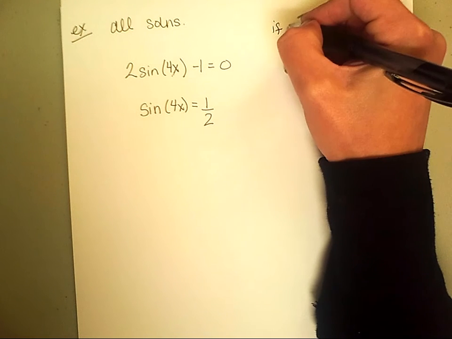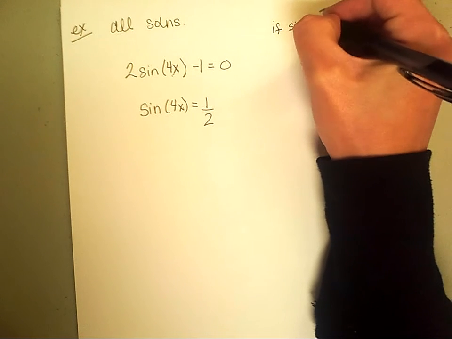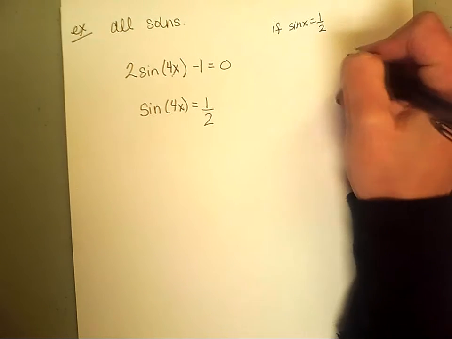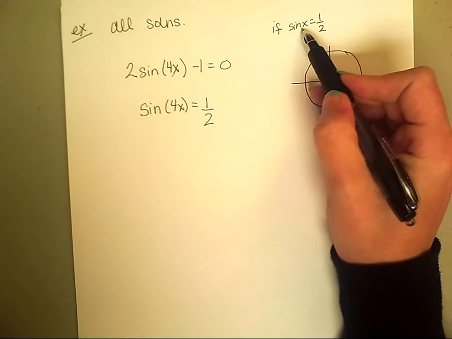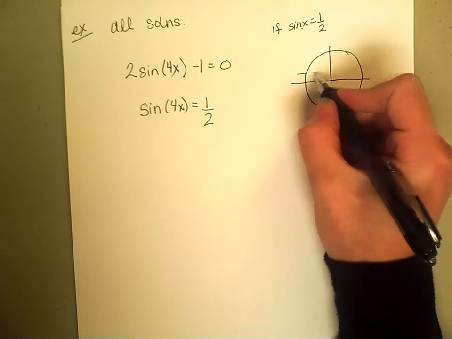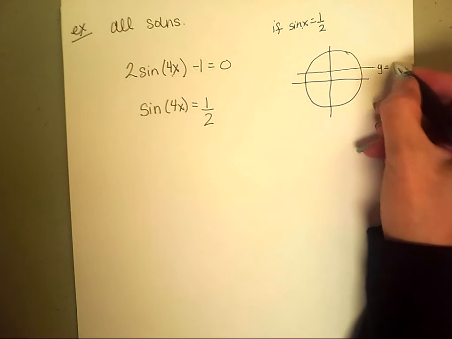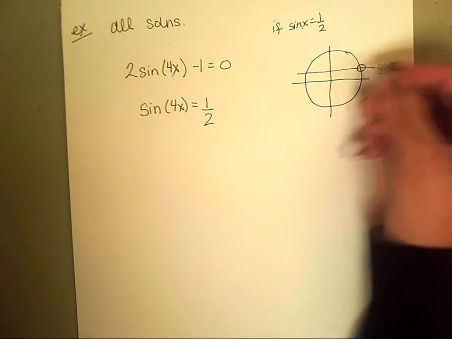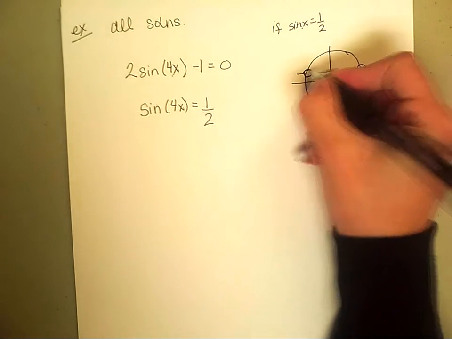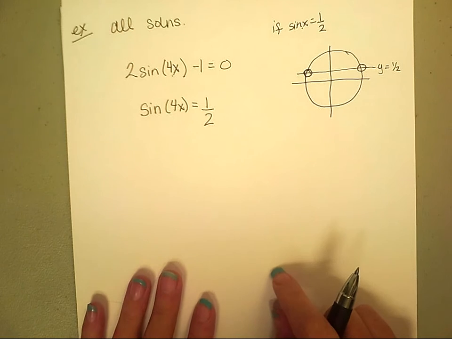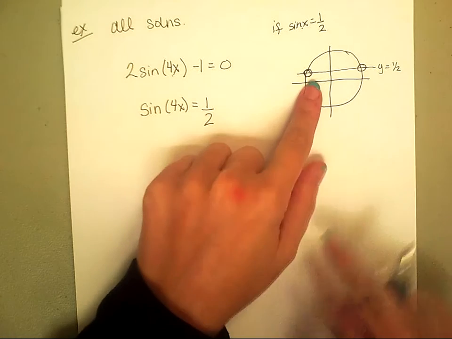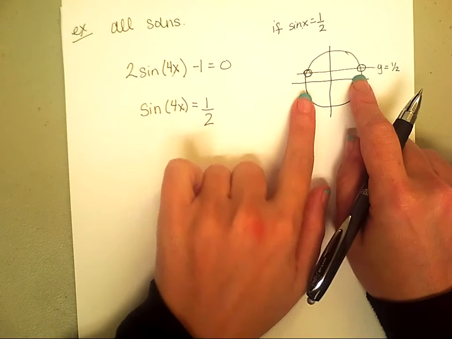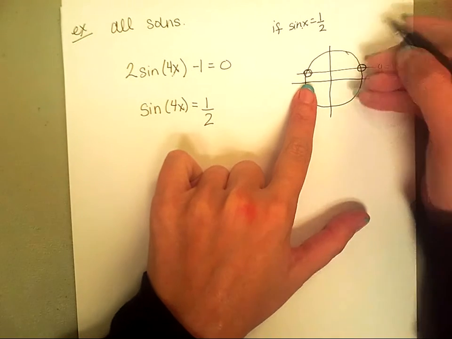Now, let's just stop and think. If it was just the sine of x equals 1/2, I'm looking for the sine, and the sine are the y values. So that'll hit here. This is the line y equals 1/2. Those represent the sine values, and it happens at 2 places. Again, I'm going to just use my knowledge of the unit circle, but we'll see later that we're actually using the inverse sine here.